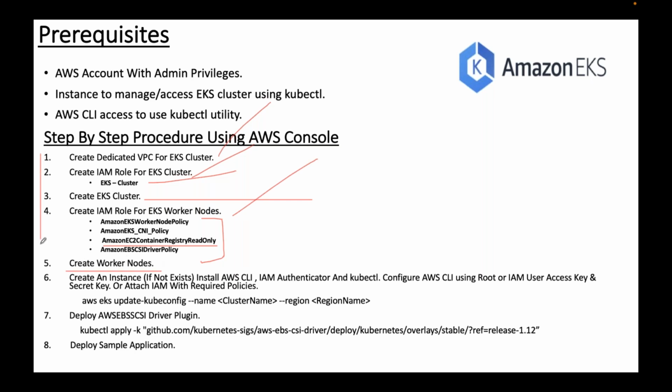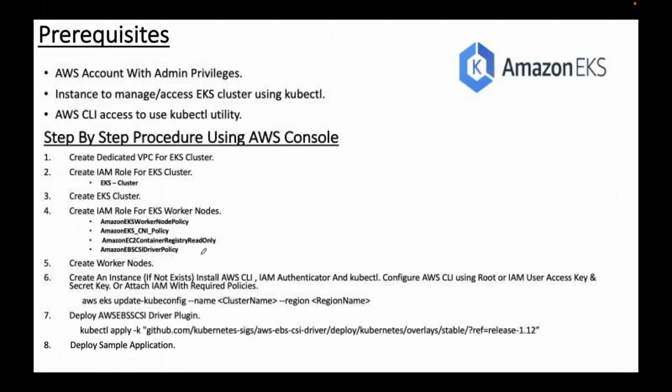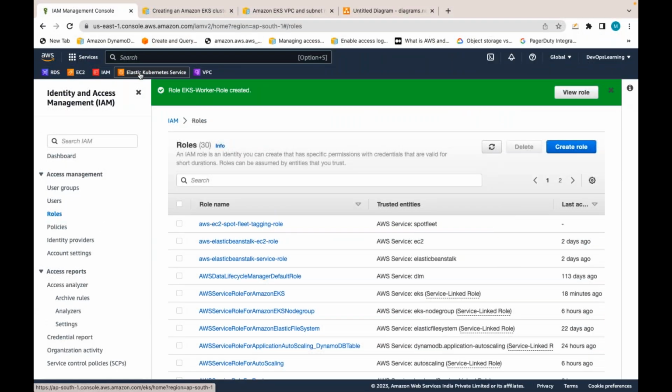Everything till here you can do using Terraform, and now I am doing it manually. So I created an IAM role for worker nodes. Let me go back to my EKS cluster.